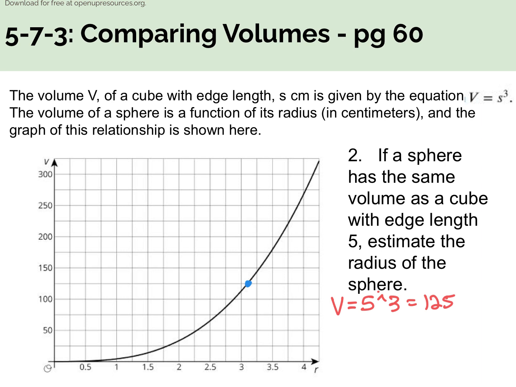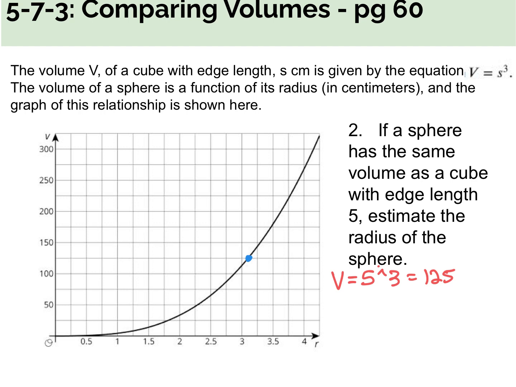So we're going to take that point and go down on the graph itself. This is the point that we're looking for as far as the radius for the sphere. Remember that this bottom part is the radius of a sphere, okay? So what is that point?